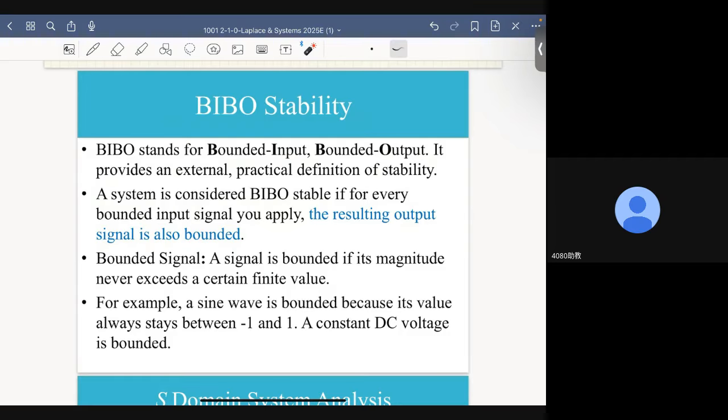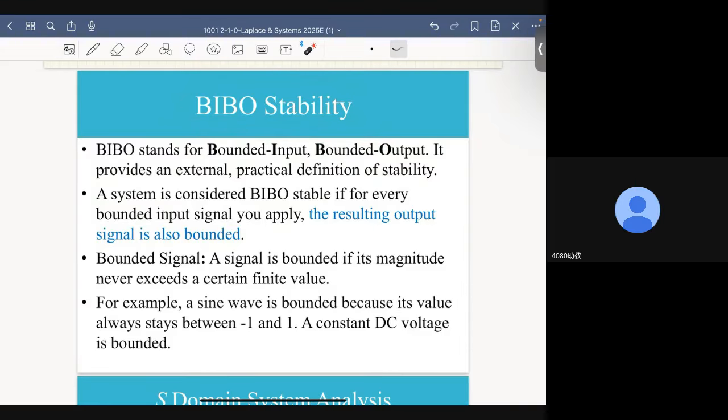It really doesn't make any difference when it comes to the definition of BIBO stability. The only requirement is that the signal you apply, that is the input, has bounded magnitude. If you apply such a bounded signal to the system, and you can guarantee that the output, no matter what kind of output it is, will not increase without bound, then we say the system is BIBO stable.